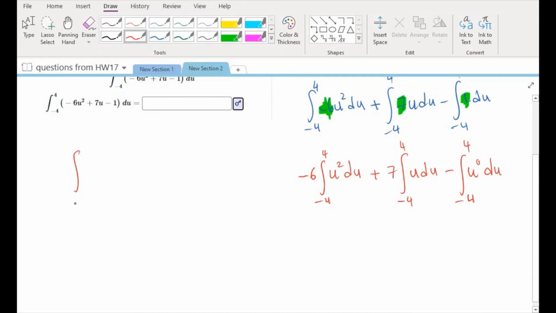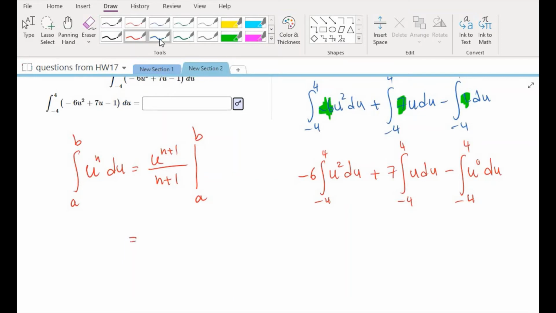If you have a definite integral from a to b of u to the n du, then this will be equal to u to the n plus 1. You add 1 to the exponent, divide by the new exponent, and then compute this amount at a and b.